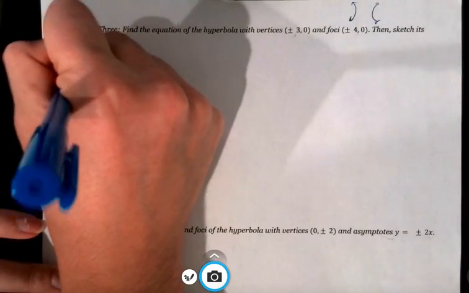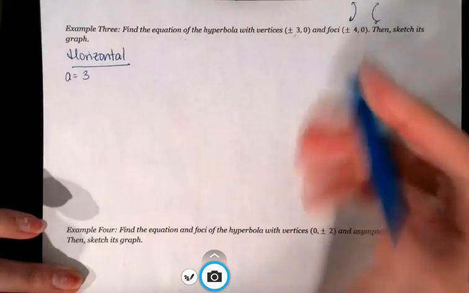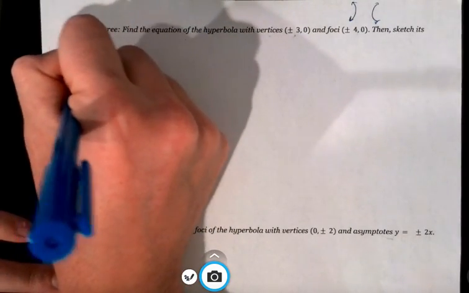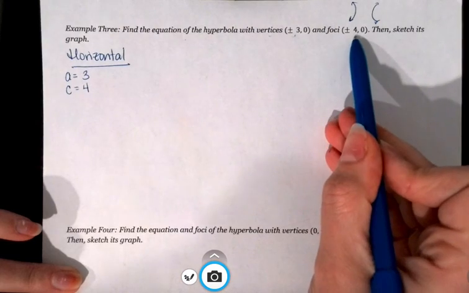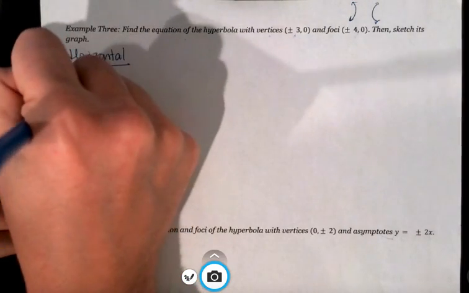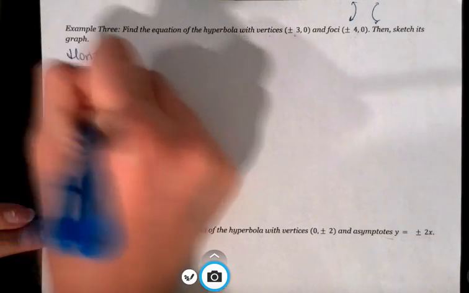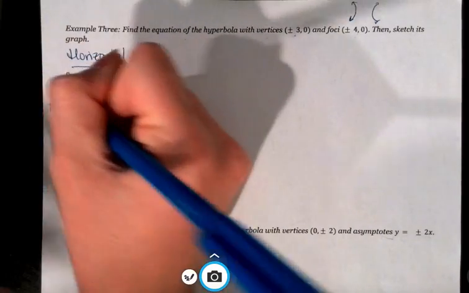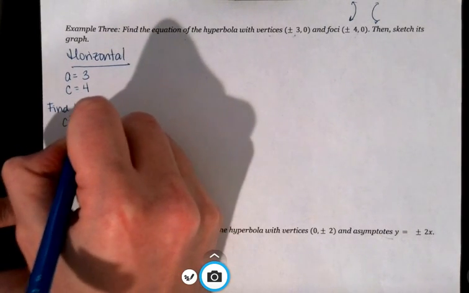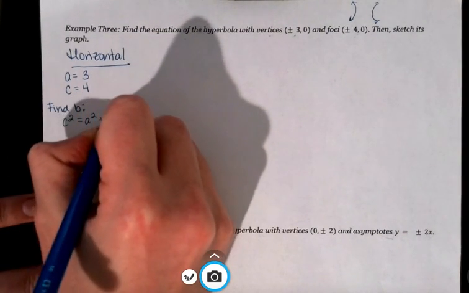So I know that A is 3 because my vertices are based on A. And then my C value is 4 because my foci is based on my C value. And then I can find B. So that's what I want to do next. So using the same equation, I have C squared equals A squared plus B squared.